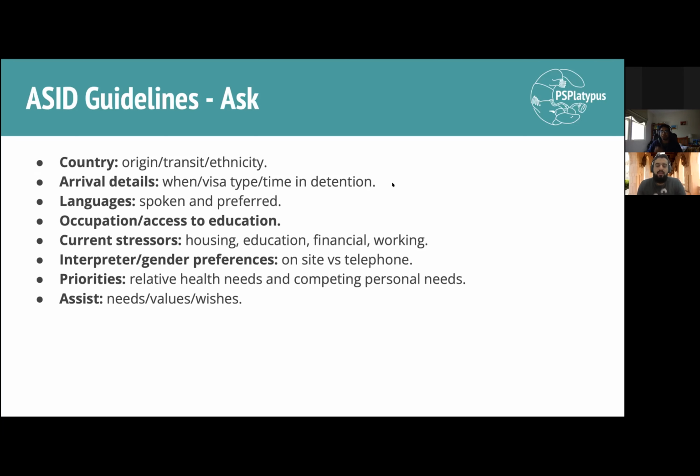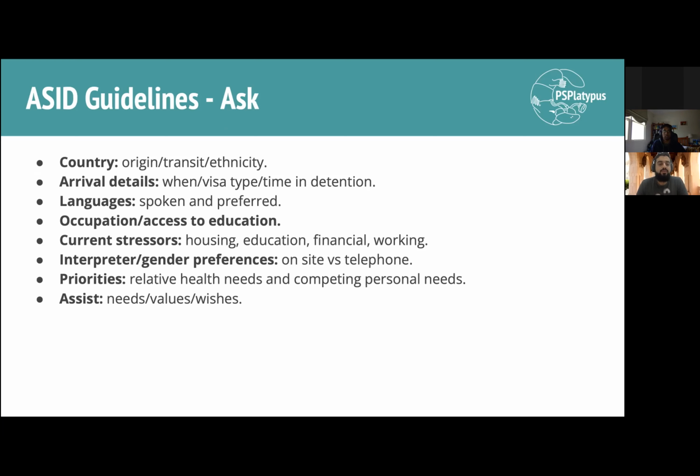when asking these patients, you need to ask for the country of origin, their ethnicity. You need also to ask about their arrival details: when did they arrive, their visa type, and how much time they spent in detention. Then you need to also ask about the language they speak or prefer.